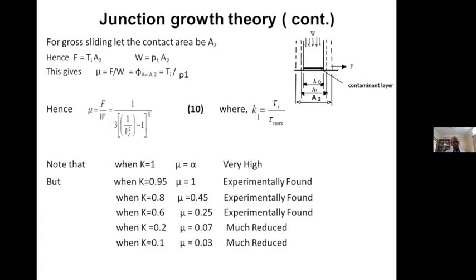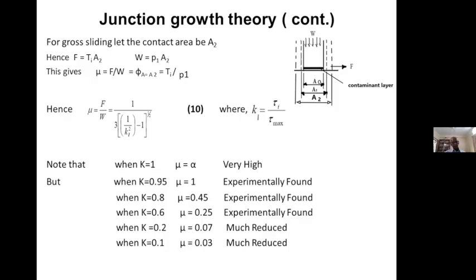Okay, so we have got equation 10, which is nothing but equation 9 written in a different form in terms of mu, the coefficient of friction, and K1 is the ratio of the yield stress of the contaminant layer and the yield stress of the bulk material.